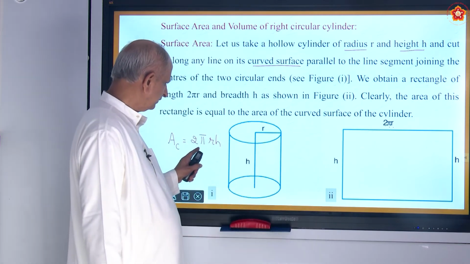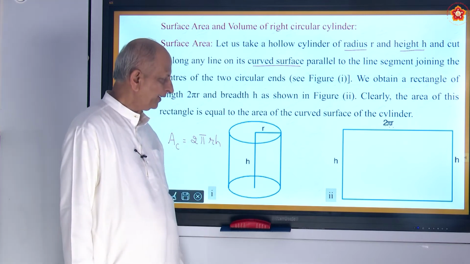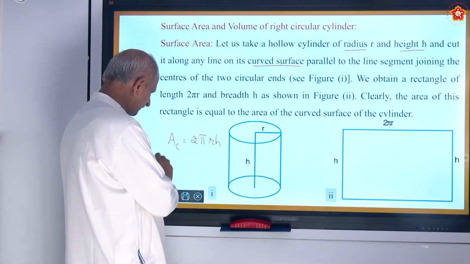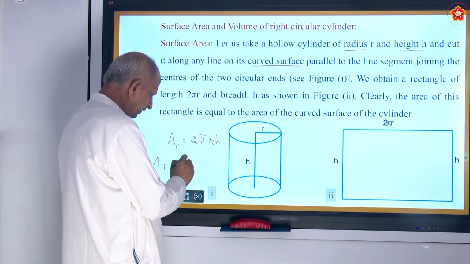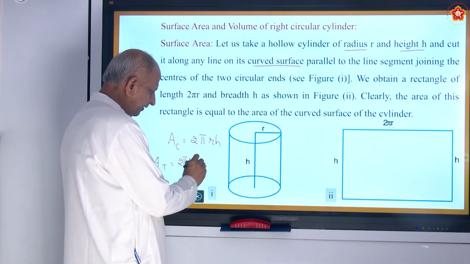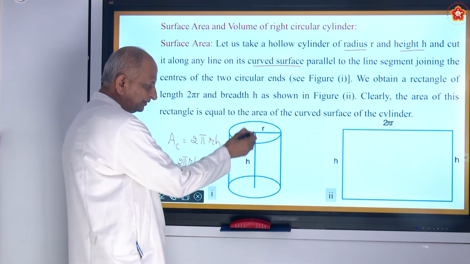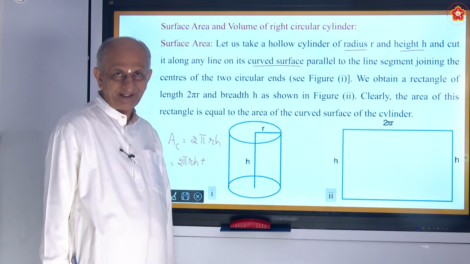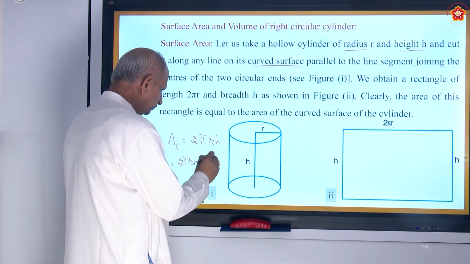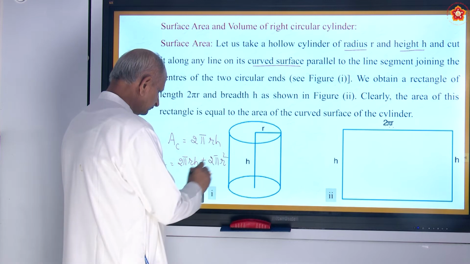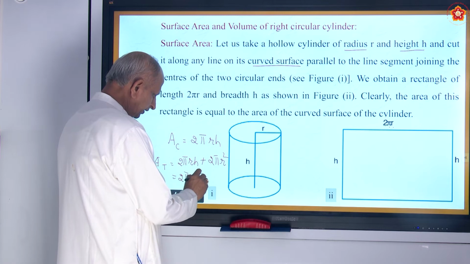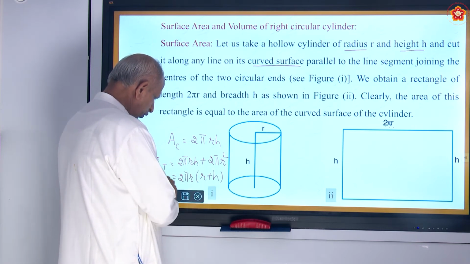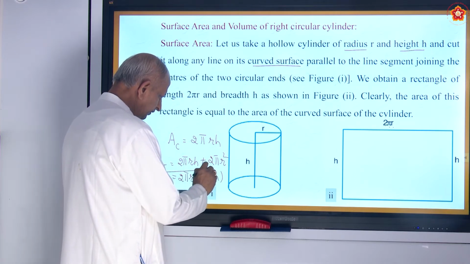Length is 2 pi r, breadth is h. And the total surface area will be the curved surface area plus two circles, top and bottom, which are identical. So that area becomes 2 pi r square. So if you take 2 pi r outside, you get r plus h. That is the total surface area of a cylinder.